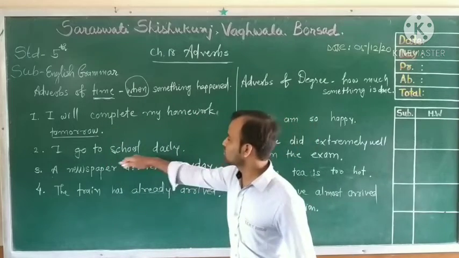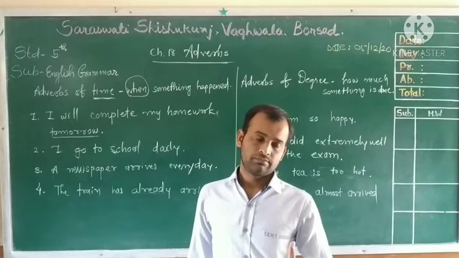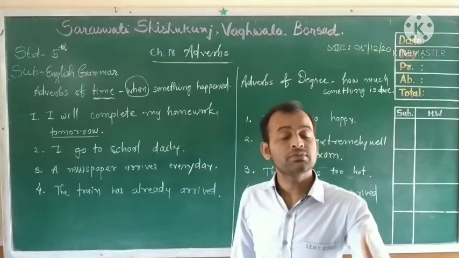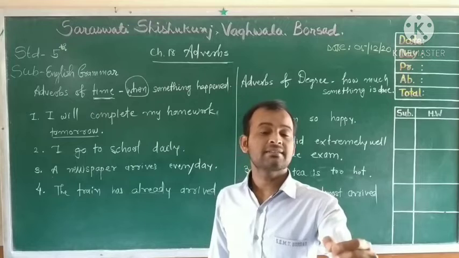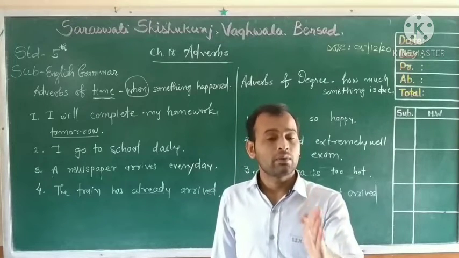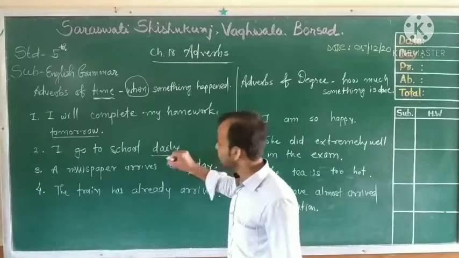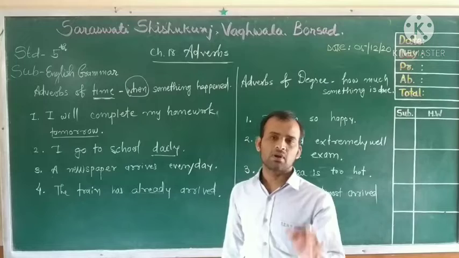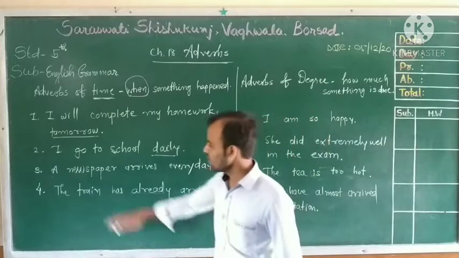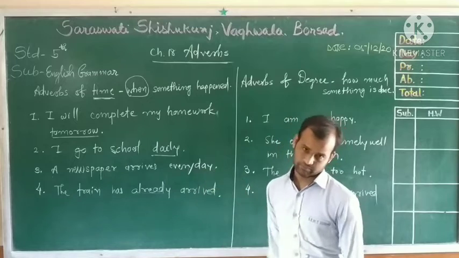Second, I go to school daily. When do you go to school? What answer will you get? You will get the answer, I go to school daily from the statement. So your daily is called adverb of time. A newspaper arrives every day.